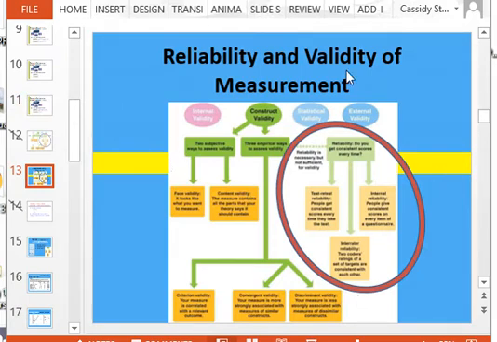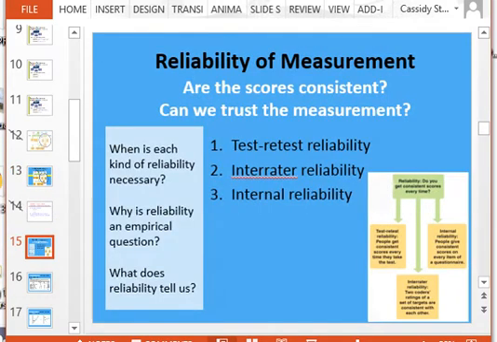They give you this diagram here. So what you can see is here's construct validity, and what we are going to look at now is the reliability of measure of our construct. So what does that mean? Reliability of measurement. So we're measuring, say, whether a person is in love or not, or whether they like their job or not.